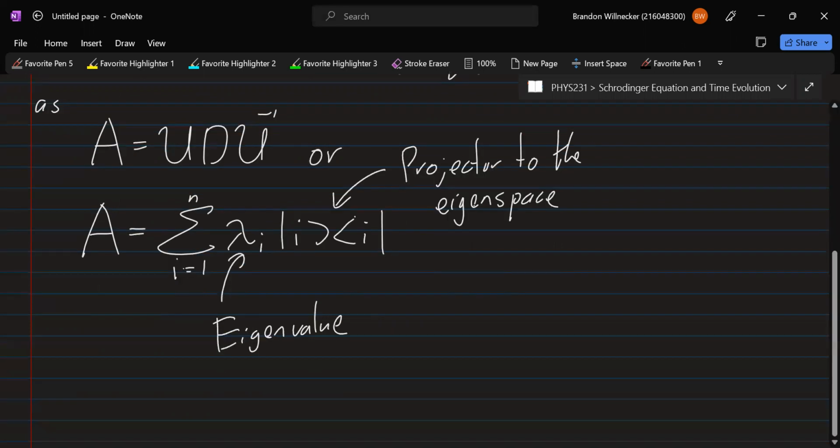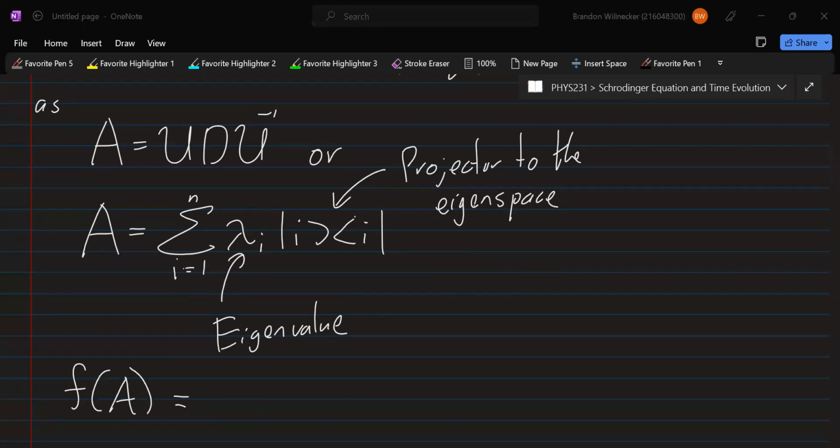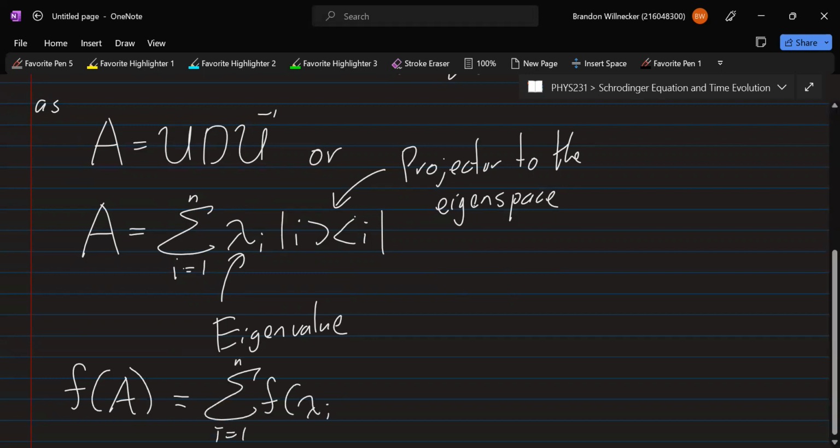Recall that A can be written like this. If we want to take the function of A, remember that is the same as, after diagonalizing, taking the function of the eigenvalues. We showed that previously. So this is equal to the sum, i equals 1 to n, f of lambda i times |i><i|.